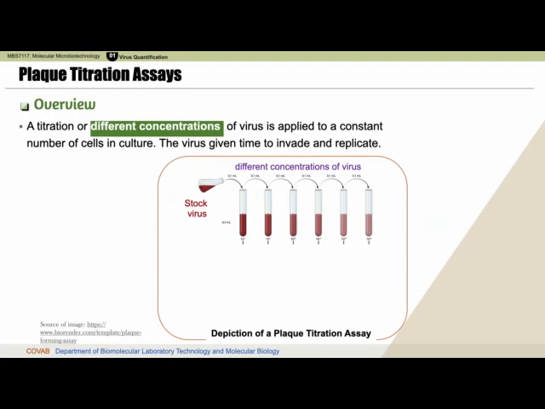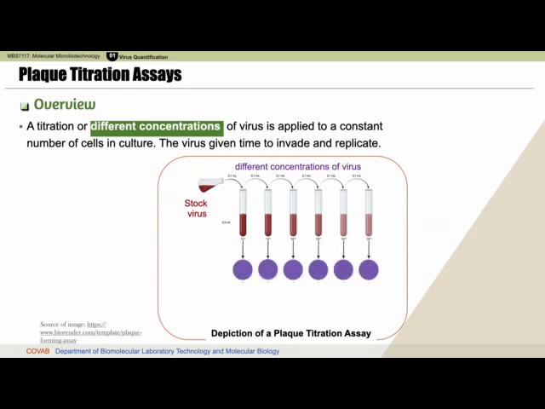We usually use 10 to the minus 1, 10 to the minus 2, minus 3, minus 4, and so on, because 10 is an easy number to deal with. So once we have diluted our virus into different concentrations, we are now going to apply them to a constant number of cells in culture.